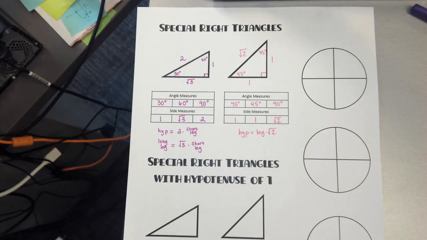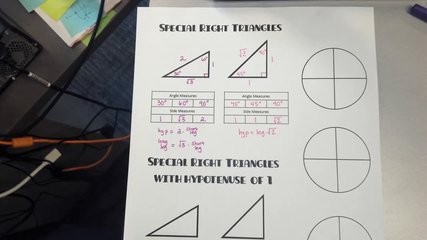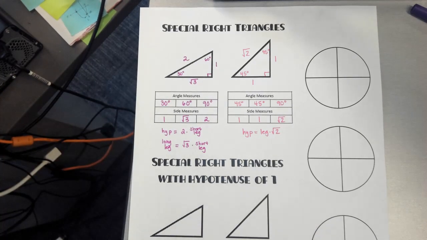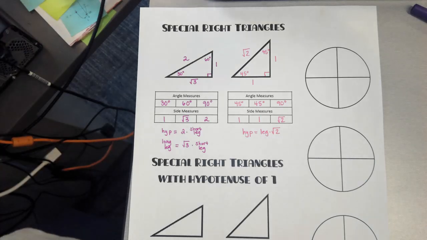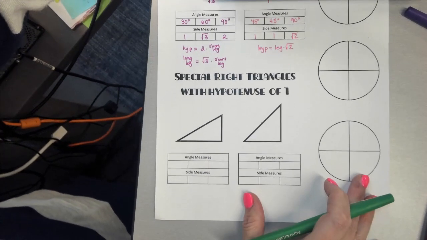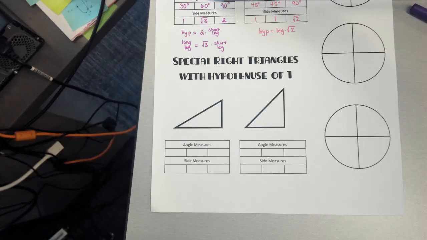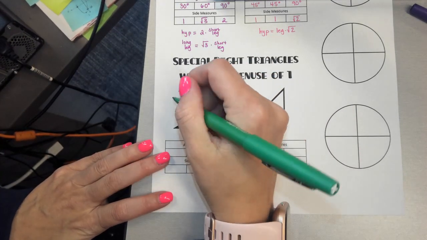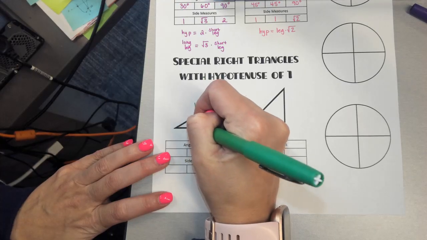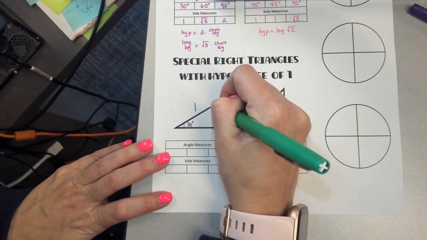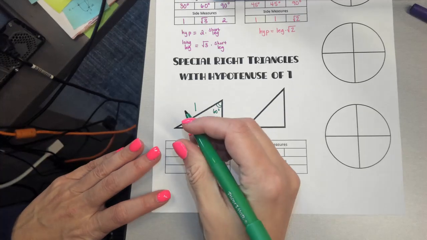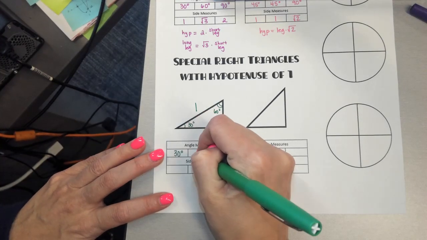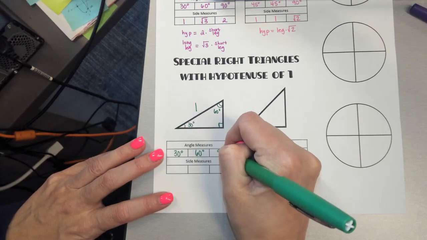Okay, so now we're going to look at special right triangles with the hypotenuse of 1. So if you have this 30, 60, 90, and the hypotenuse is 1, I'm going to have you guys solve to find your side measures. Your angles are 30, 60, and 90.